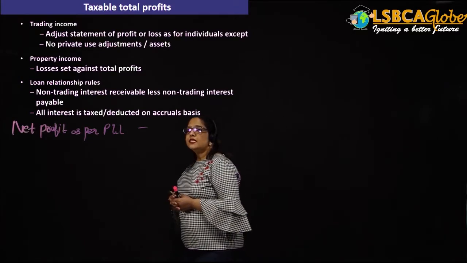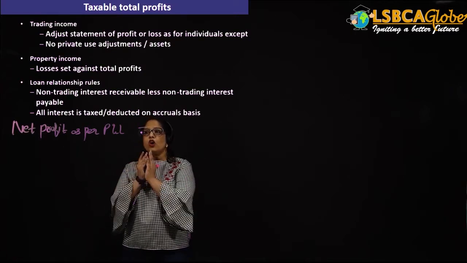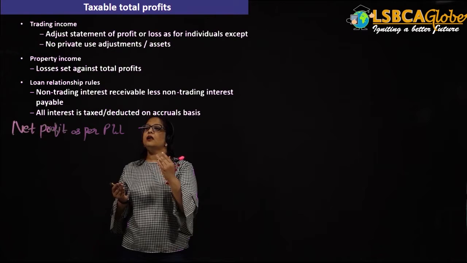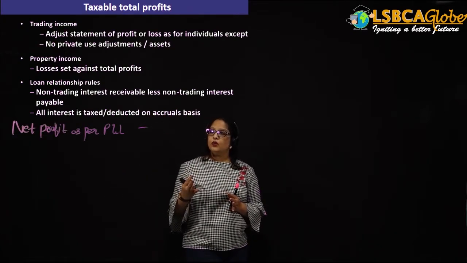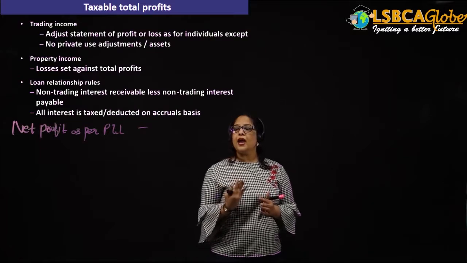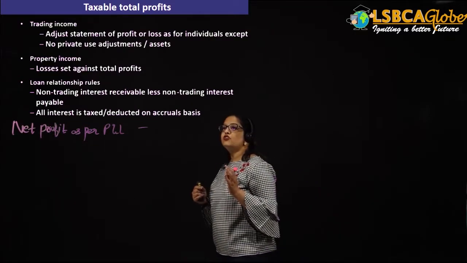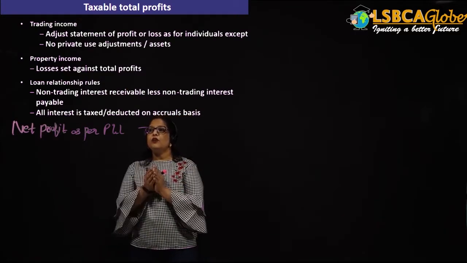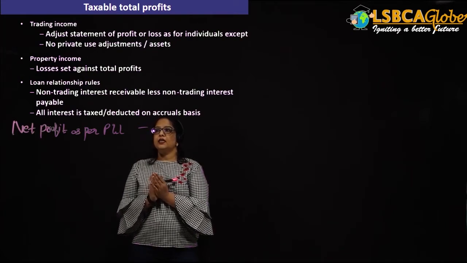Expenses which are allowed but have not been deducted, deduct them. So add expenses which are not allowed, minus incomes which are not allowed, and minus expenses which are allowed but were forgotten.